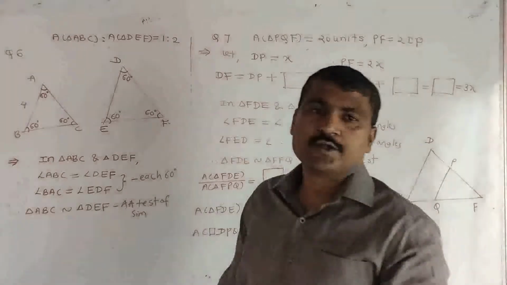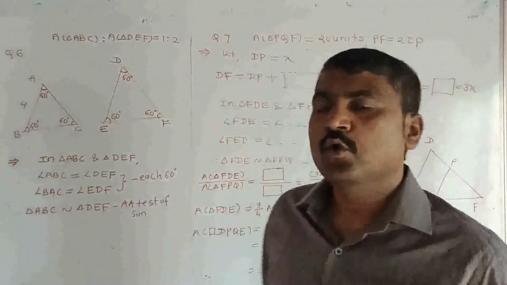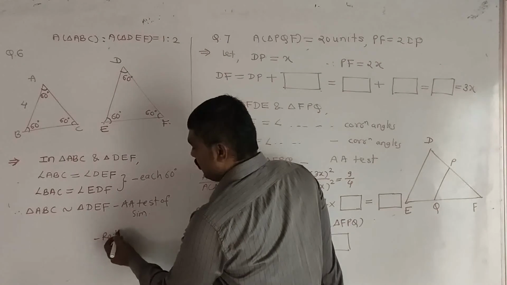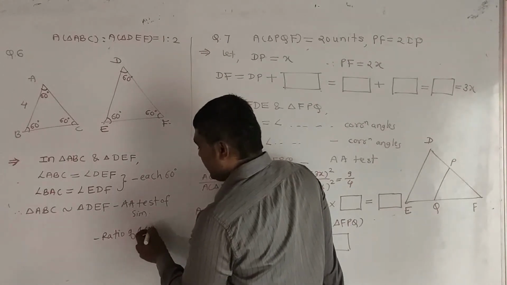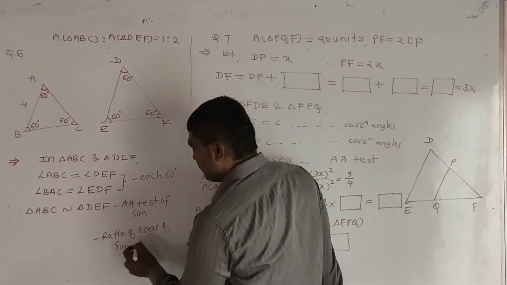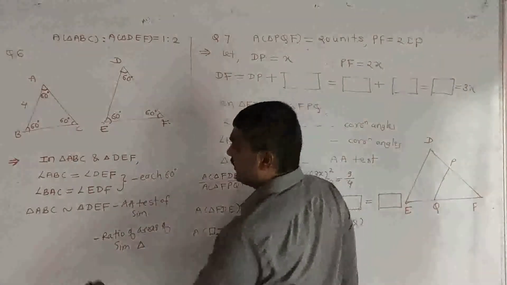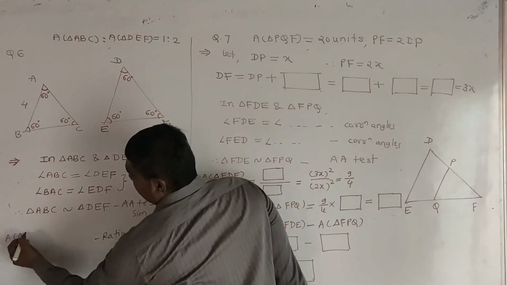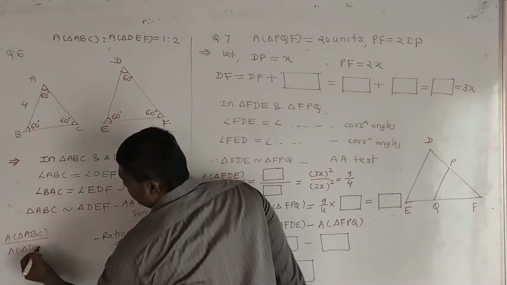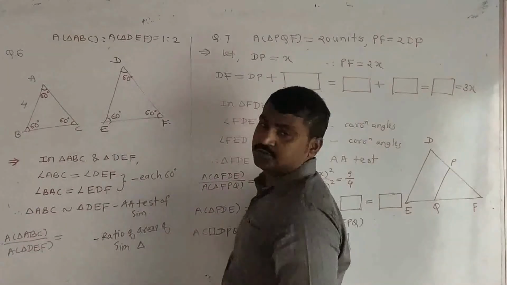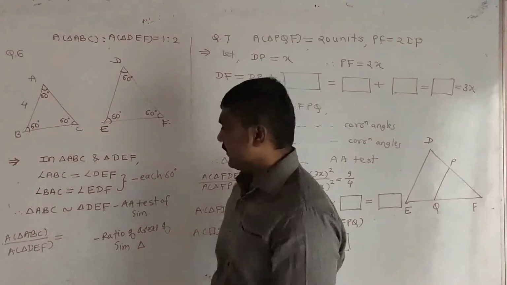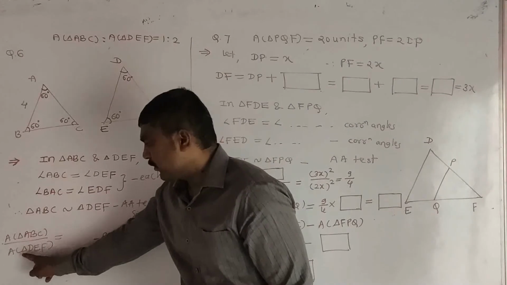So I have shown these two triangles are similar, and we know which theorem we will apply. The name of the theorem is the ratio of areas of similar triangles. This is our theorem. So I am writing, therefore area of triangle ABC upon area of triangle DEF should be equal to the ratio of their corresponding sides, squared. Here when you write AB, then you have to write DE.